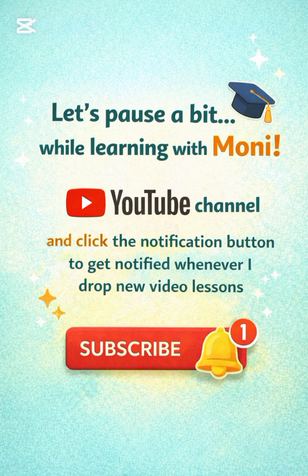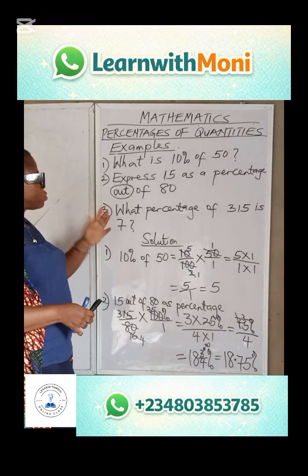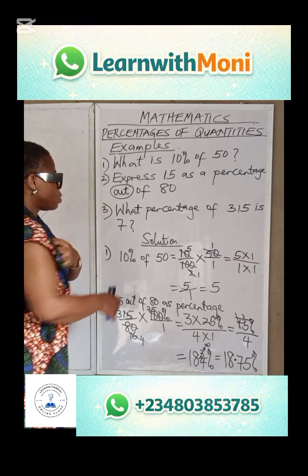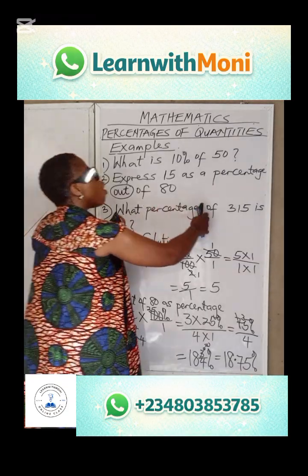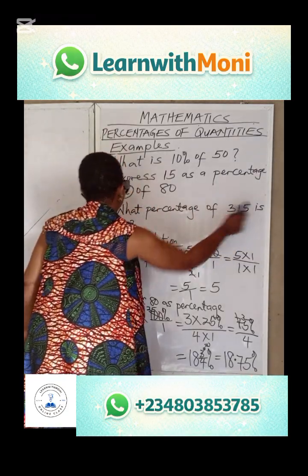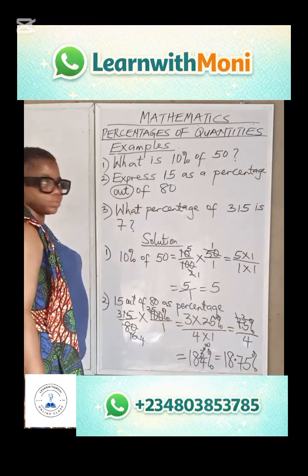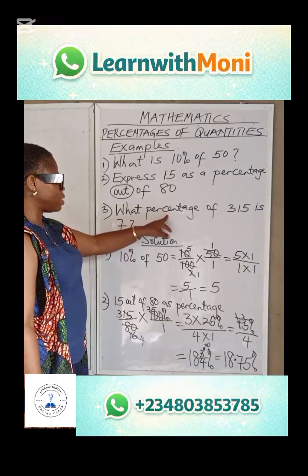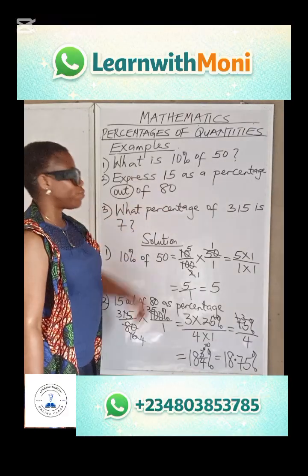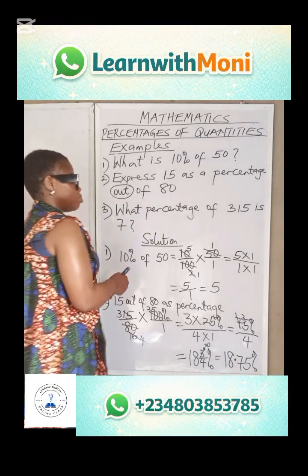The third example is also similar to the second. What percentage of 315 is 7? You insert out of. This means what percentage out of 315?